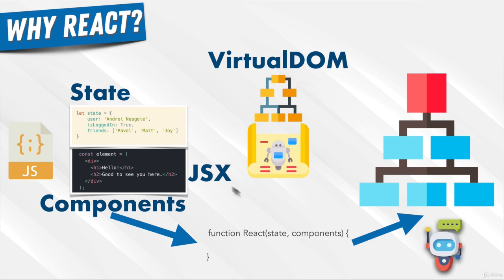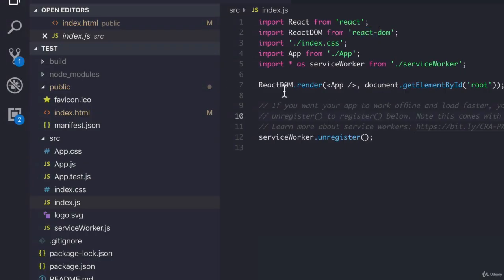This is the React package. It allows us to write JSX and build components and build that virtual DOM. And the React DOM is this little robot that actually interacts with the DOM. So if we go to the code, you see that React DOM render allows us to grab an element from HTML and insert app into it.